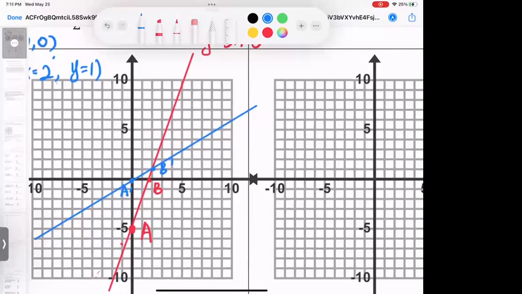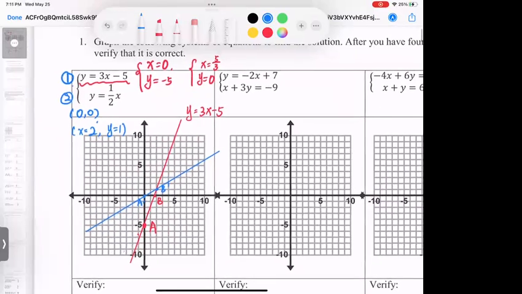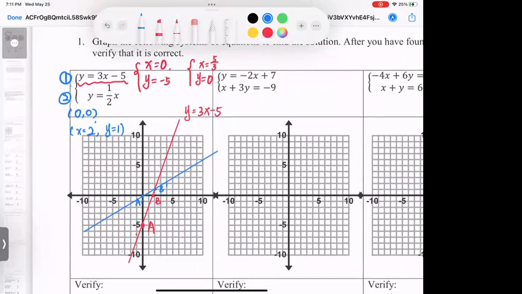Here we have two linear functions. The red one is y = 3x - 5, and the blue line is y = 1/2x. At the intersection point, I can give an estimate value, because everyone knows graphing always gives an estimate.